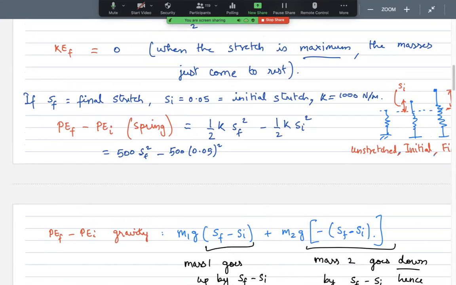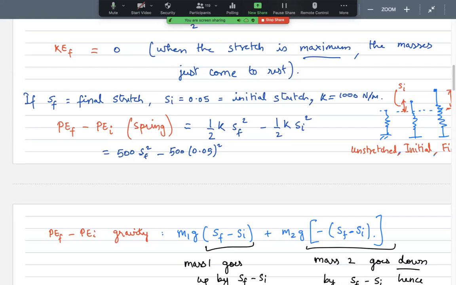So the spring potential energy is just half K times how much it has stretched from the stress-free state. And the final stretch, we don't know. That's what we are supposed to find. Initial stretch is given. So you just go half K S final square minus half K S initial square. And plugging in K equal to 1,000, you get some quantity. S final is unknown, but this quantity is numerical.